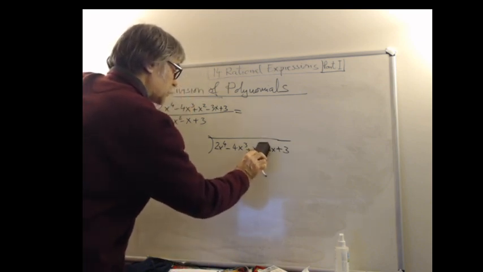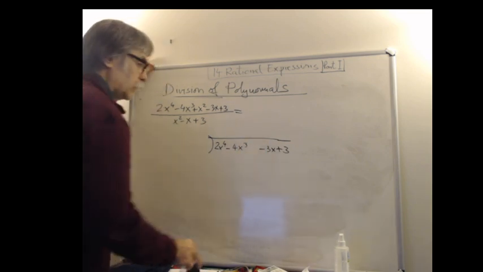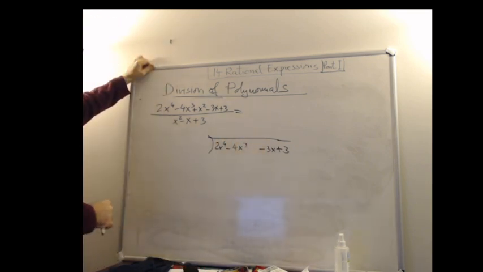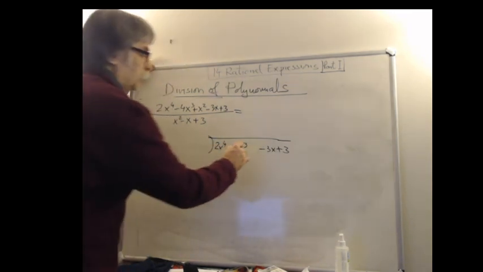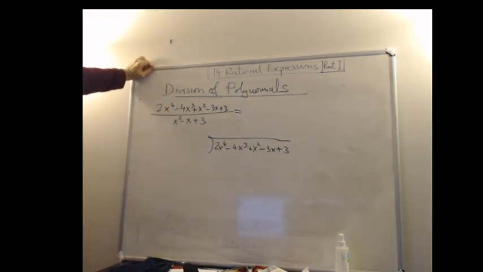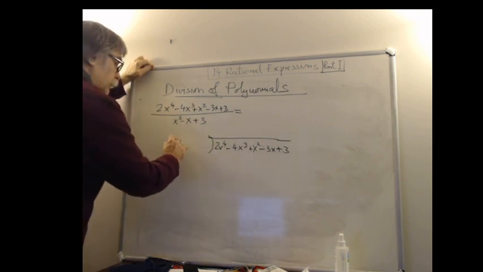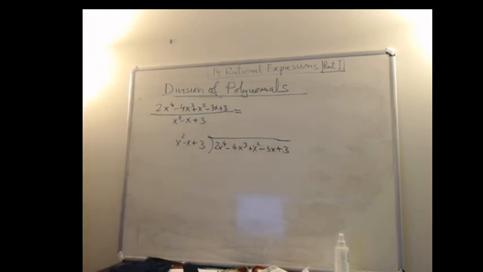If something is missing, let's say you don't have x squared, you're going to have to leave a place for an x squared because you might have it down the road, so you need to leave that place. But I do have an x squared, it's 1. Okay? So alignment is very important. Divisor.